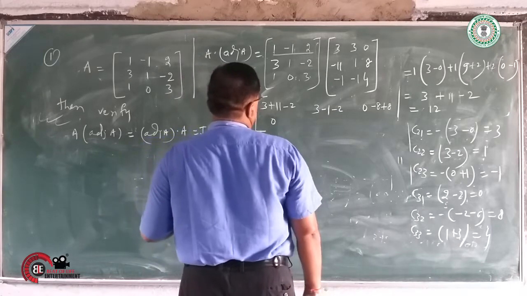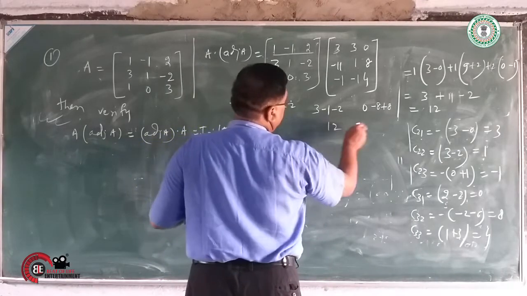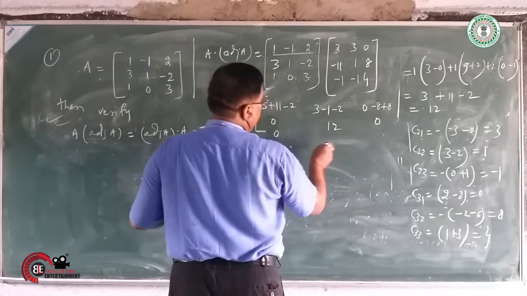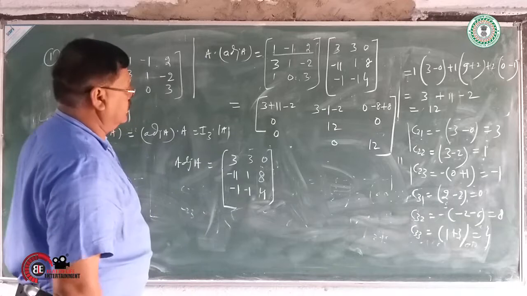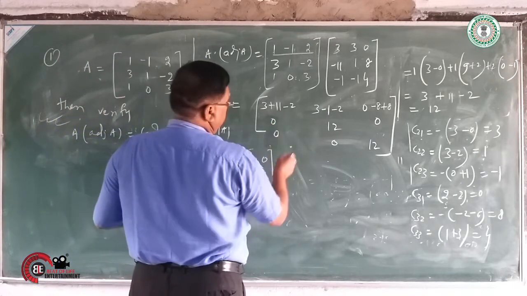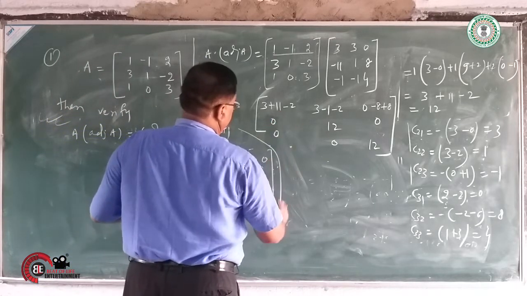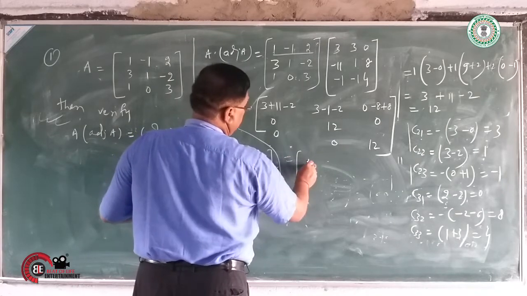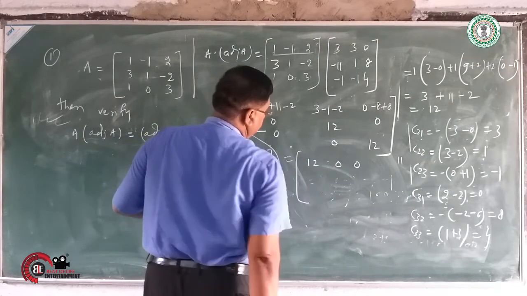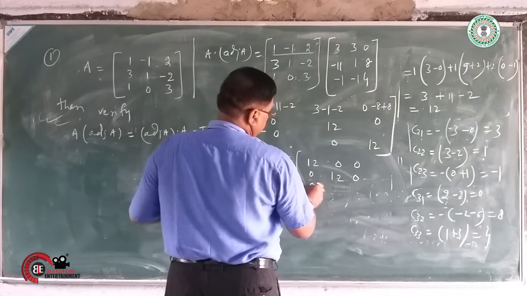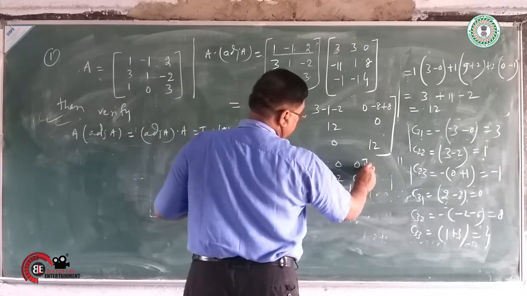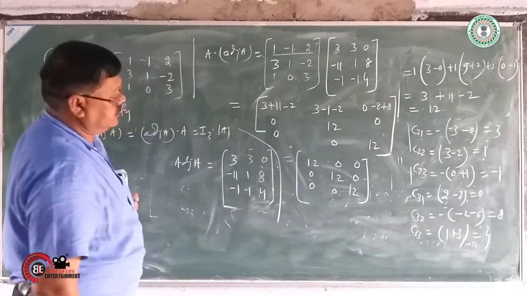And 12, 0, 12. So A into adjoint A we are getting [12 0 0; 0 12 0; 0 0 12].